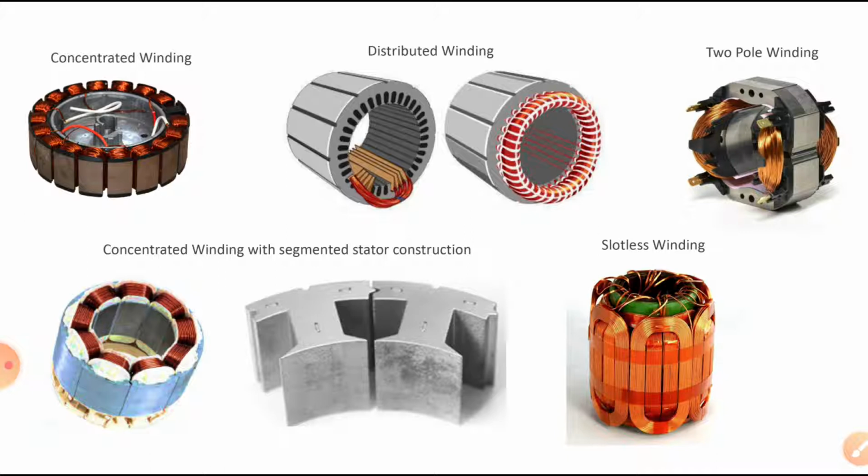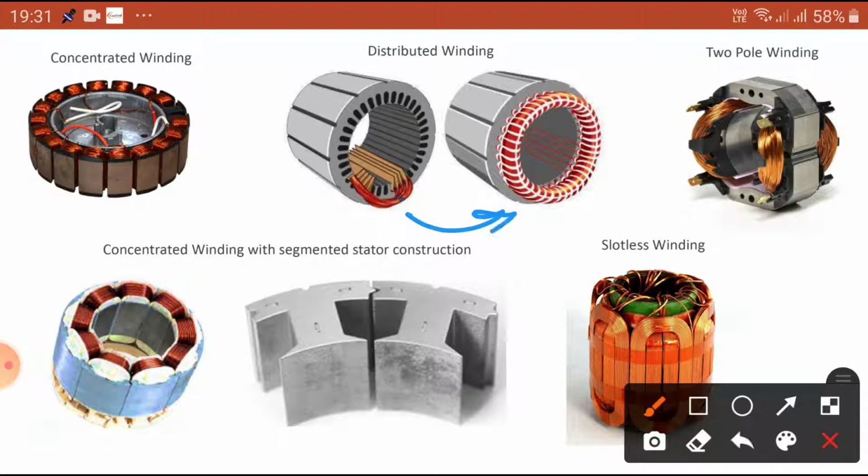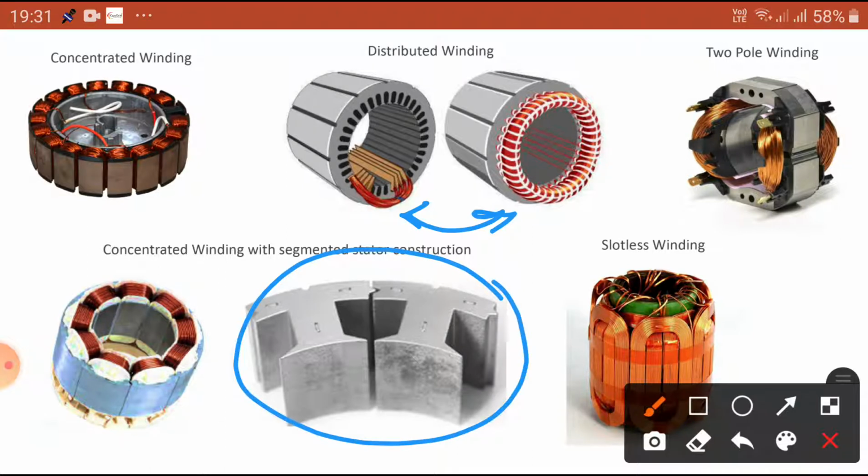How the windings are distributed, you can see here: two pole winding and slotless winding at the bottom figure, and concentrated winding, how this winding is concentrated for the pole purposes, and distributed winding, how the winding is distributed in full pitched coils or short pitched coils to develop the rotating magnetic field. And you can see the slots of our armature core also.